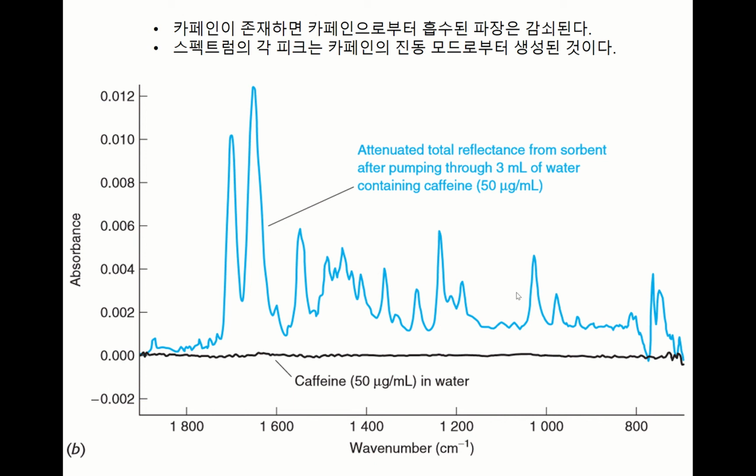This is just one example. You see, this is the IR spectrum, IR absorbance, and using the attenuated total reflection, ATR mode, you can very nicely detect this caffeine spectrum.